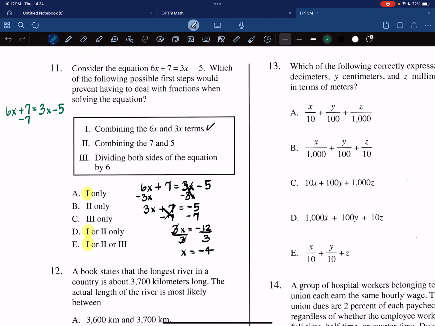So I'll move the 7, and I'm left with 6x equals 3x minus 12. Then I'll move the 3x. No fraction so far. 3x equals negative 12. So I'm right back to where I was in that other problem. This one will work as well. So x is negative 4. That one is also a viable option.